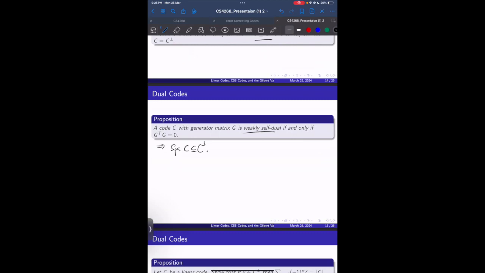Since C is a subset of C perp, what is another way of describing C perp? Well, it is the kernel of its parity check matrix. So C is inside the kernel of G transpose.